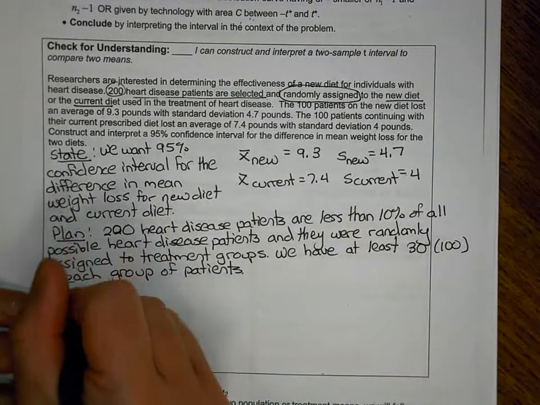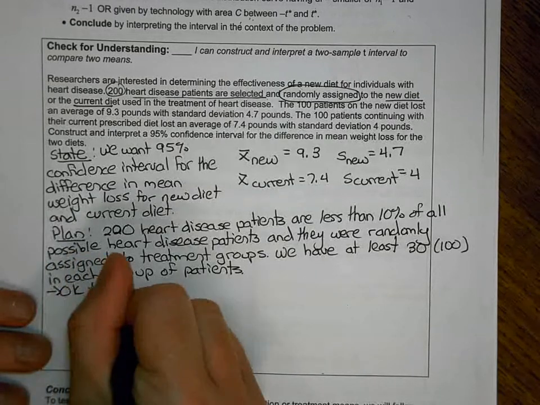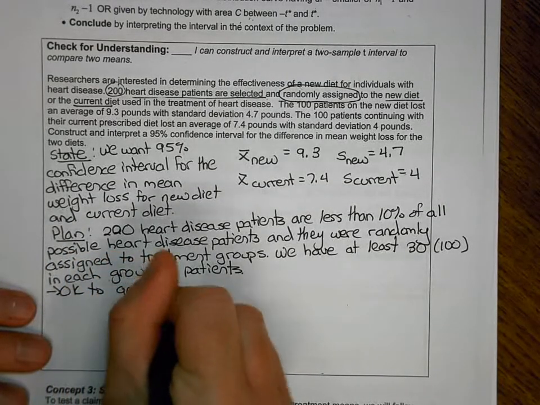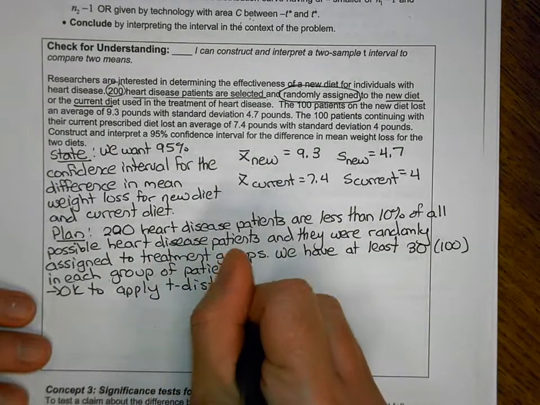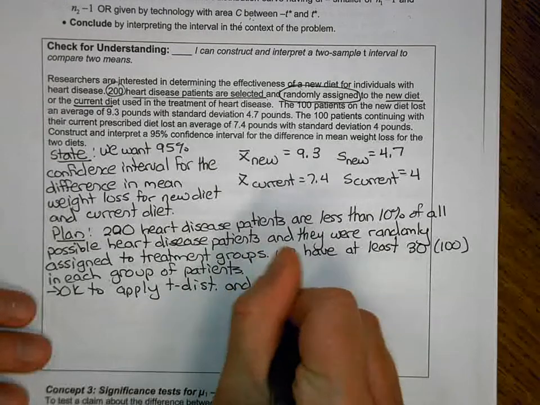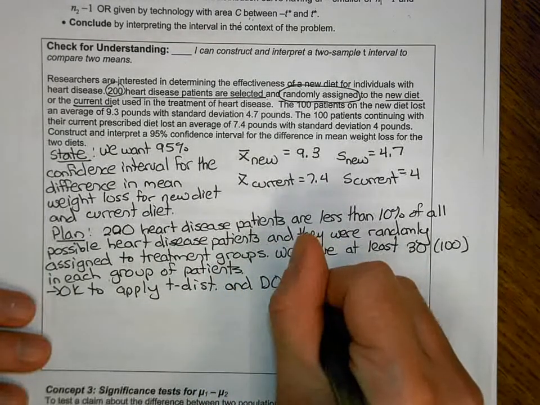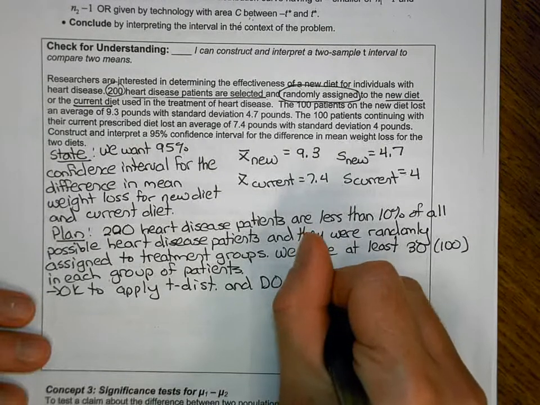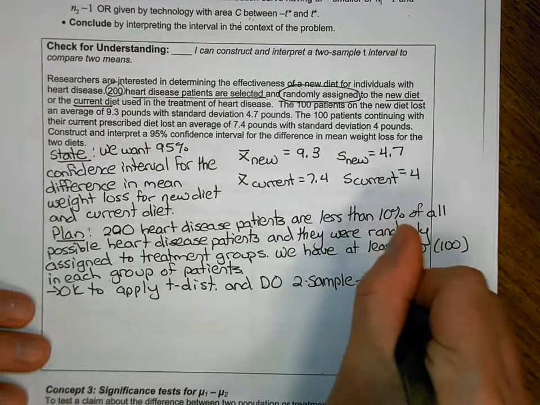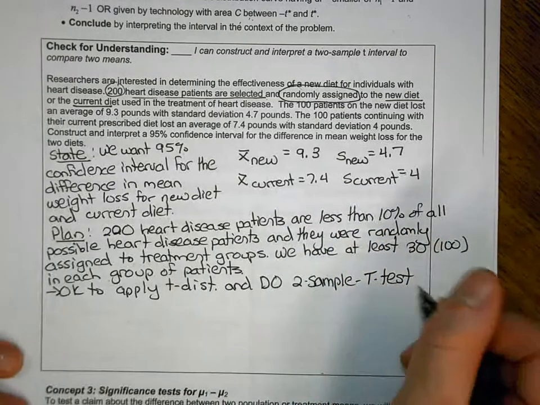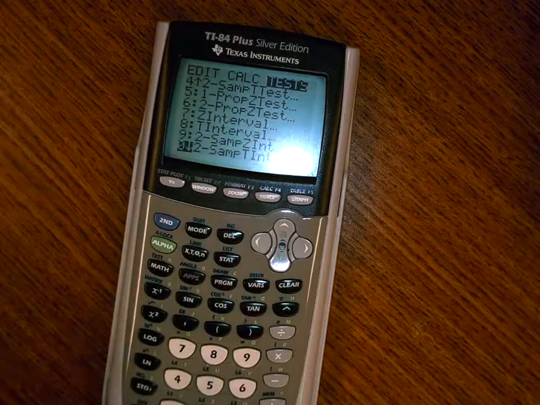So with the conditions met, okay to apply the t-distribution and do a 2 sample t-test. I'm going to go to the calculator, plug in my info, and write a conclusion.